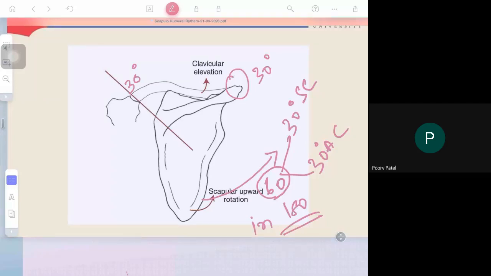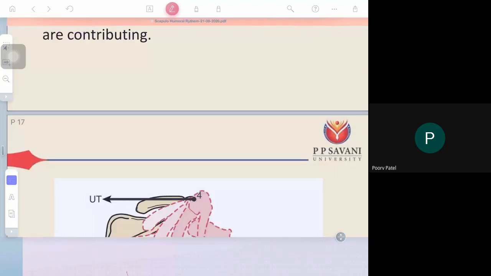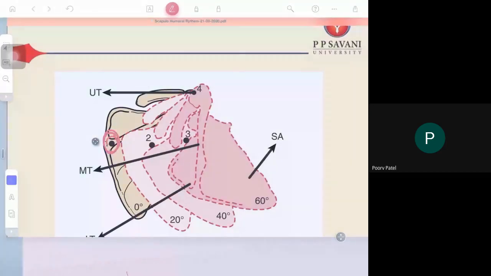Clear? So where is the axis? The axis is, in the beginning of the range, somewhere here. What is this point? I had mentioned it here. You can see this point. Initially, the axis passes like this.